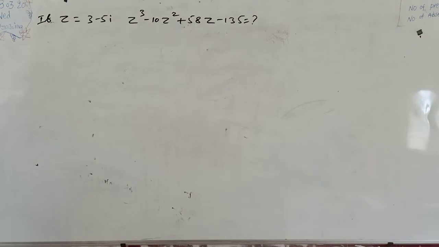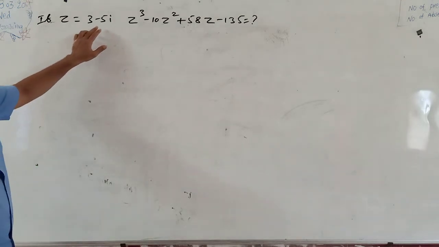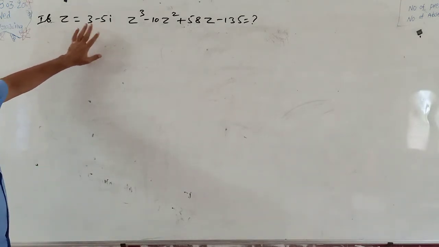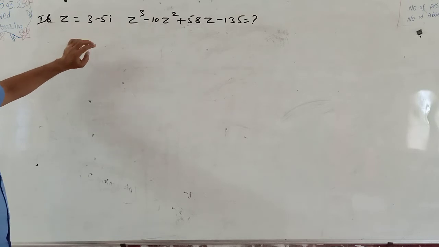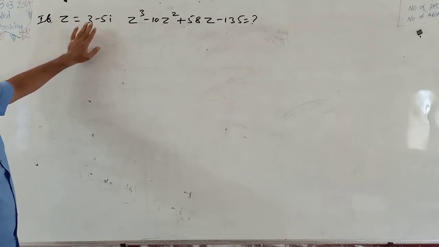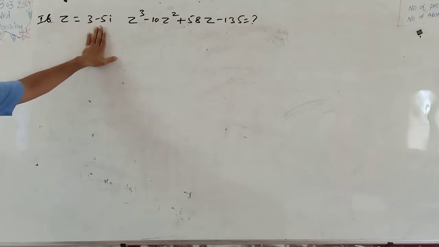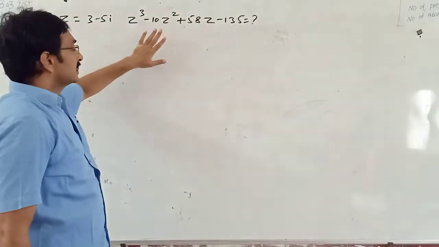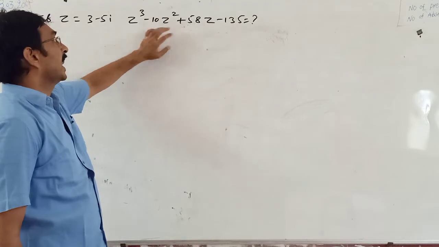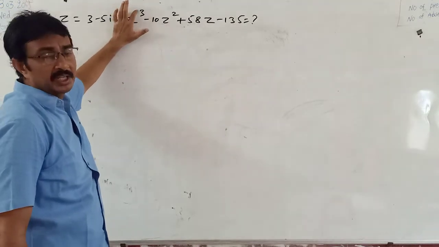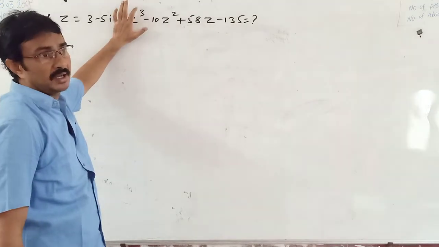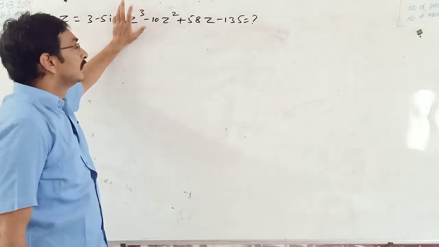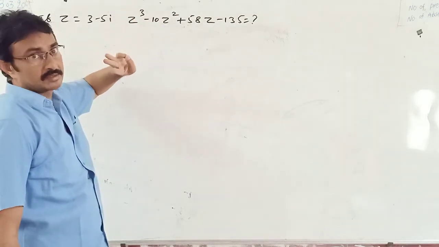See this model: some complex number they will give, and they can ask the value of an expression having second degree, third degree, fourth degree, fifth degree, sixth degree, etc. So there are three methods.